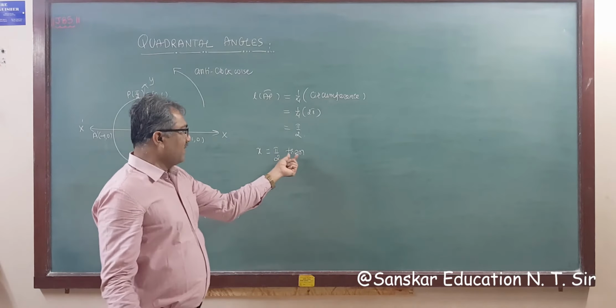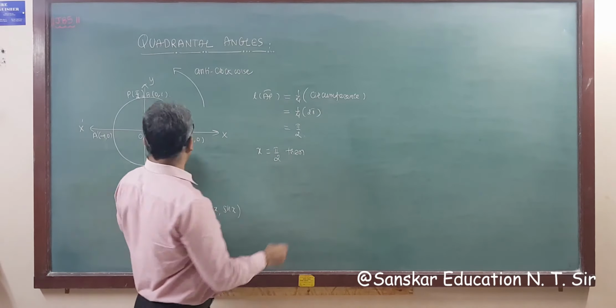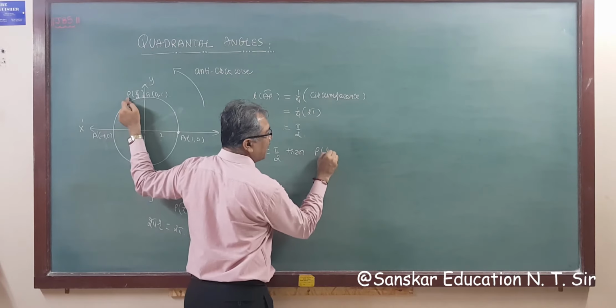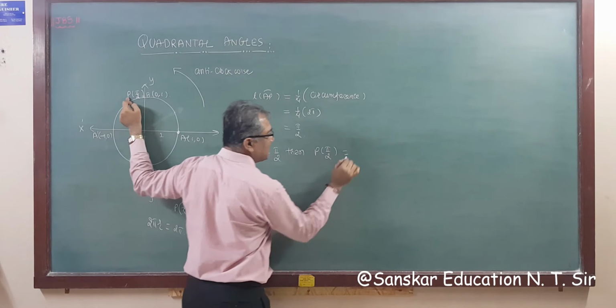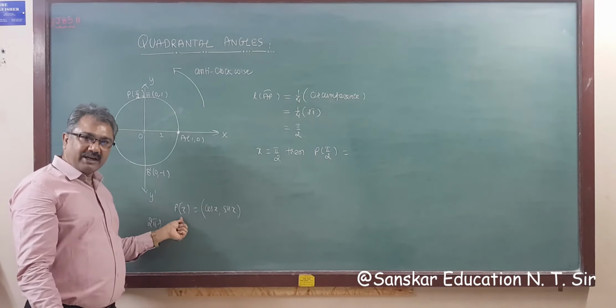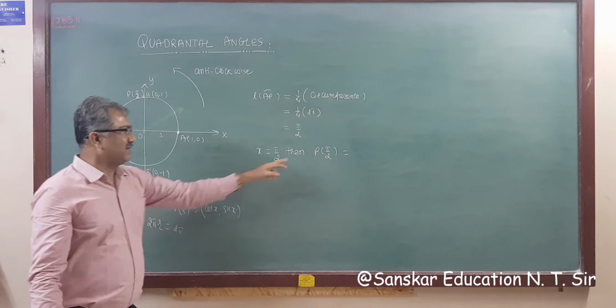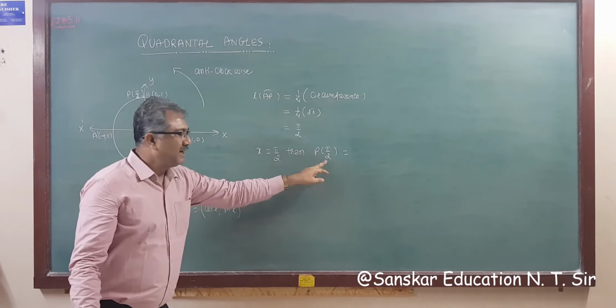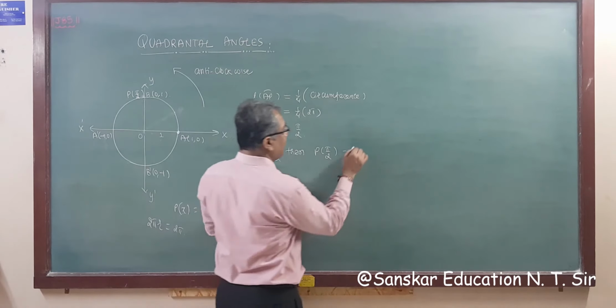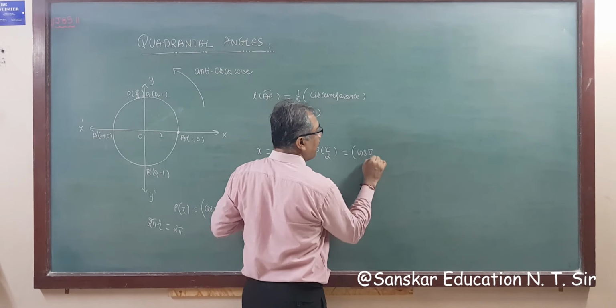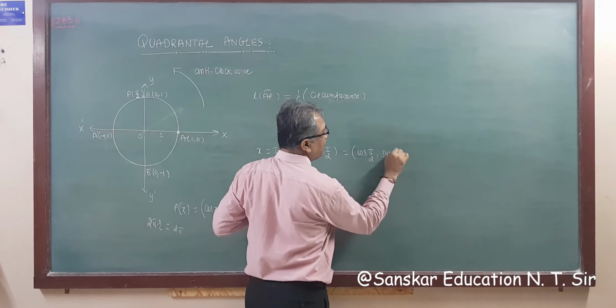So trigonometric point P pi by 2, by definition, is cos x, sin x. Instead of x we have taken pi by 2, so the answer will be cos pi by 2, sin pi by 2.